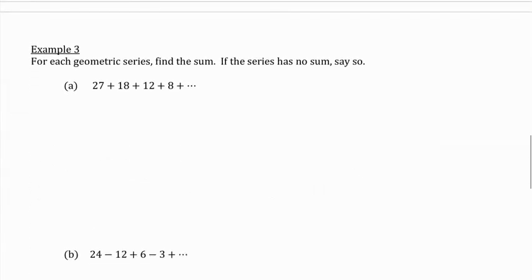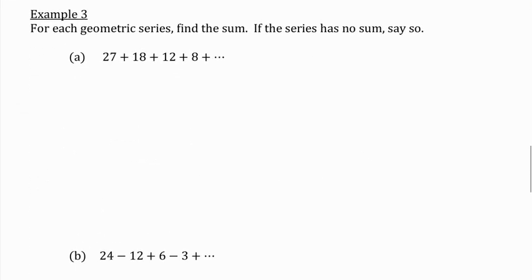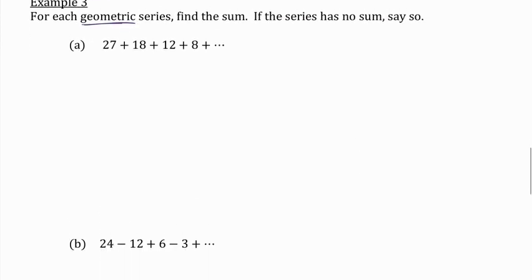Okay, so let's try a few more examples thinking about that and using our formula. See if we can do these a little bit quicker this time. Okay, so it tells us right here that this is a geometric series. We want to find the sum. This dot, dot, dot over here tells us that these are infinite series, so they go on forever. So we've got our formula. We just have to make sure that we have the right R value in order to use the formula, right?